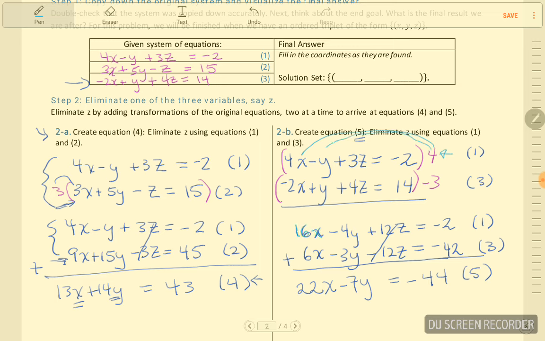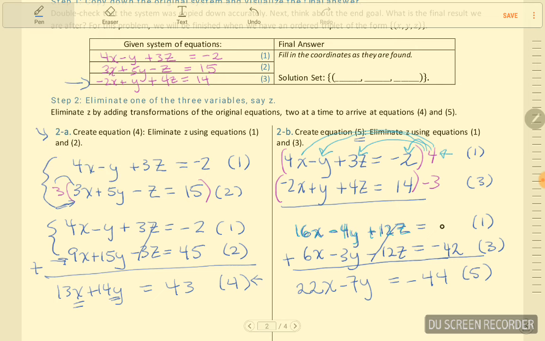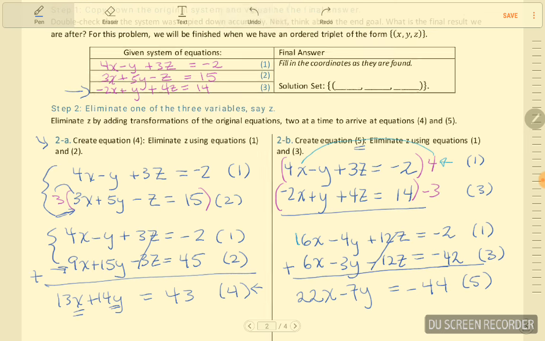I distributed to here and got my negative 4y. I distributed to here to get my positive 12z, but did I distribute here somehow? I did not. So that should have been a negative 8. So let me just back up.